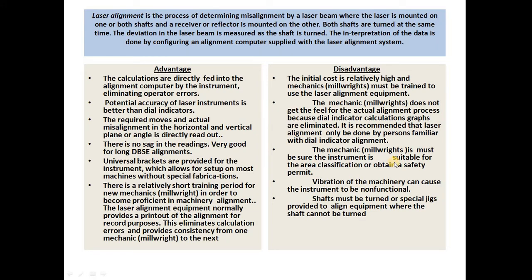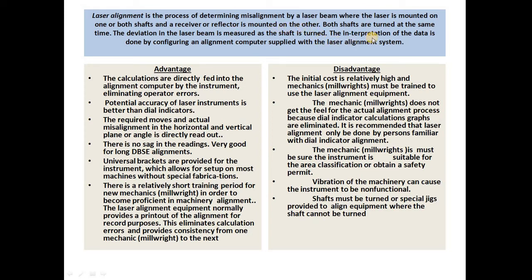Then we'll see another third method, which is also becoming very popular nowadays. It is called the laser alignment method. In this method, we use a laser beam to do the alignment. A laser will be mounted on one or both shafts, and a receiver or reflector will be mounted on the other shaft.